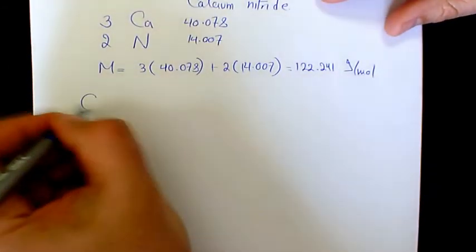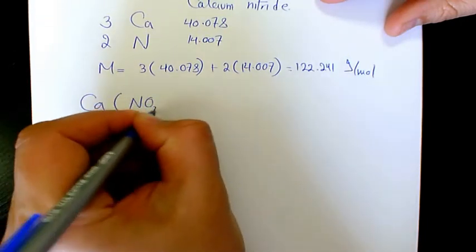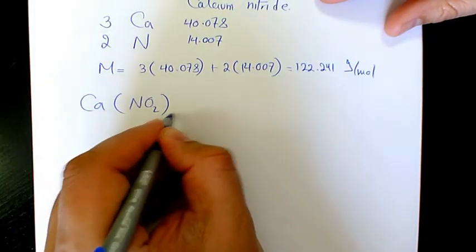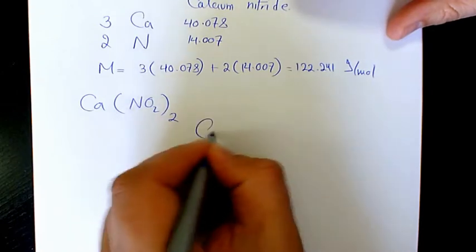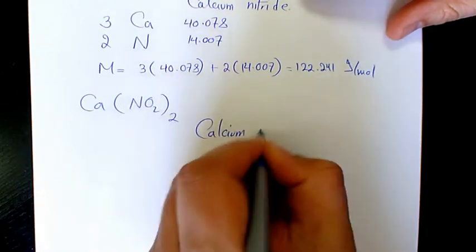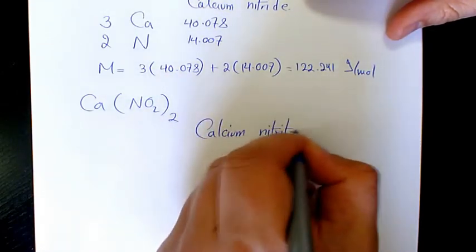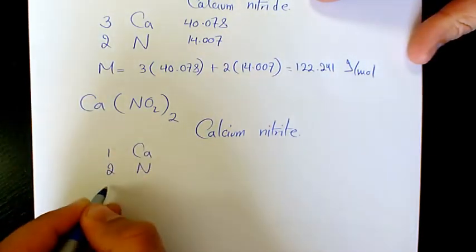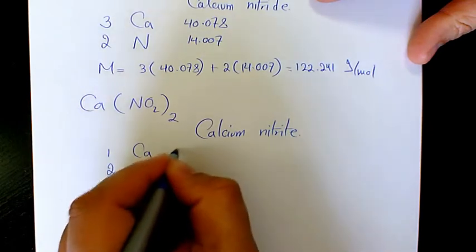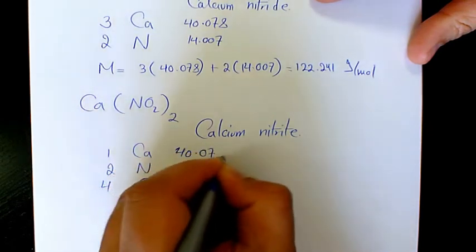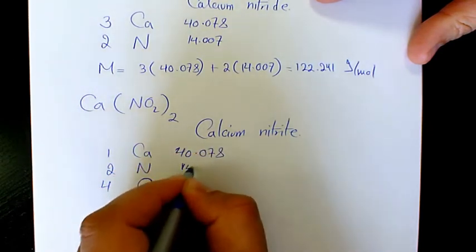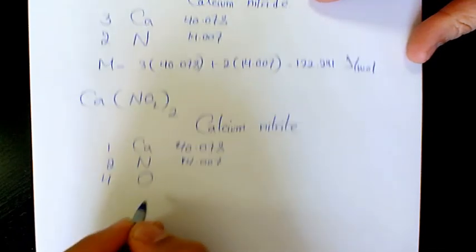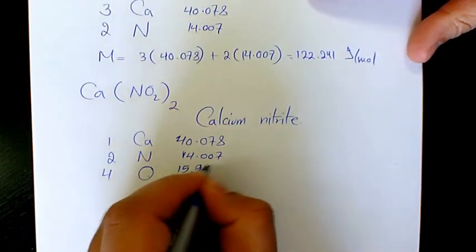Next one is calcium nitrite. 2 is going to sit here and 1 in here. So calcium nitrite: 1 atom of calcium, 2 atoms of nitrogen, 4 atoms of oxygen. Calcium is 40.078. Nitrogen is 14.007. Oxygen is 15.999.